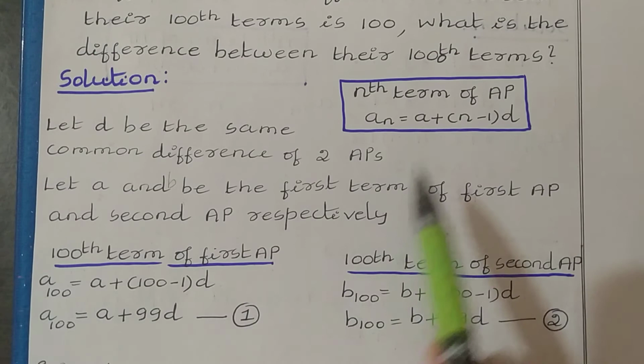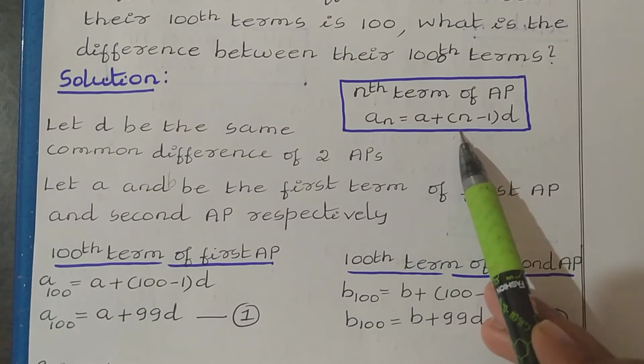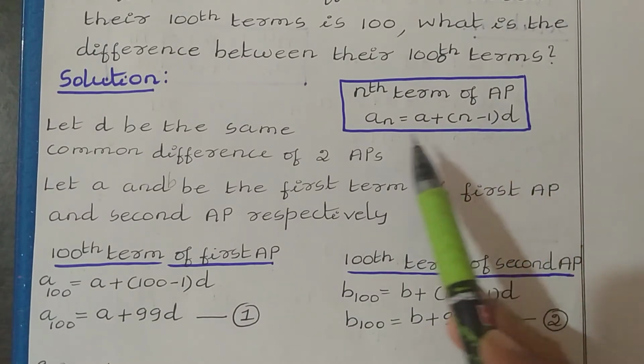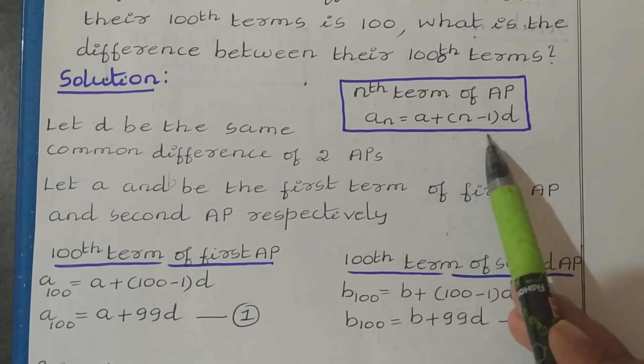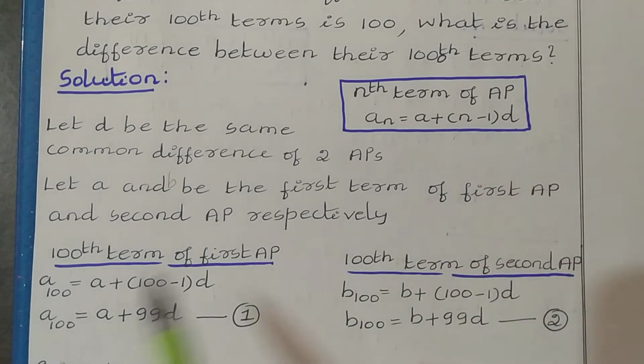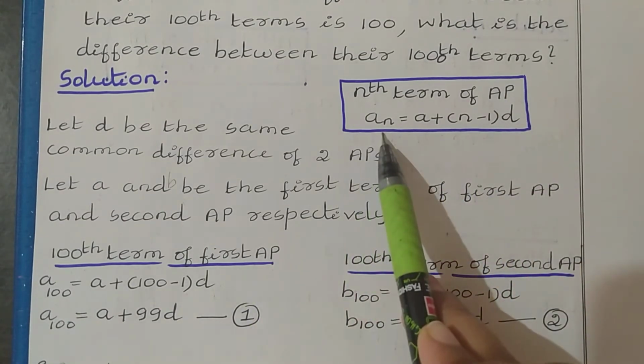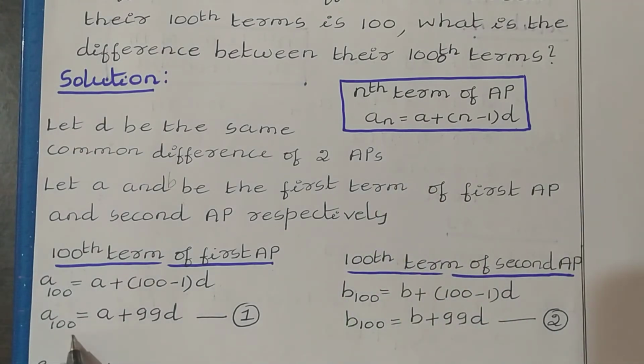This I got by applying the formula for the nth term of an arithmetic progression, an is equal to a plus n minus 1 into d. Here I have taken n as 100. So a100 is equal to a plus 99d. Let us name this as equation 1.